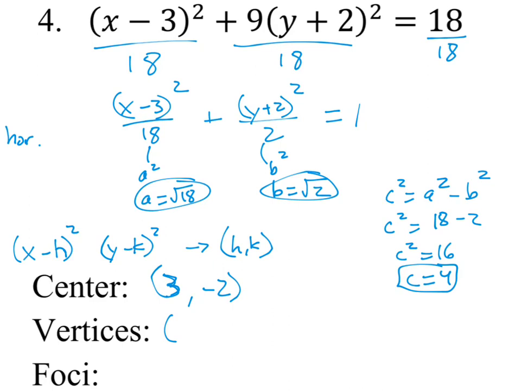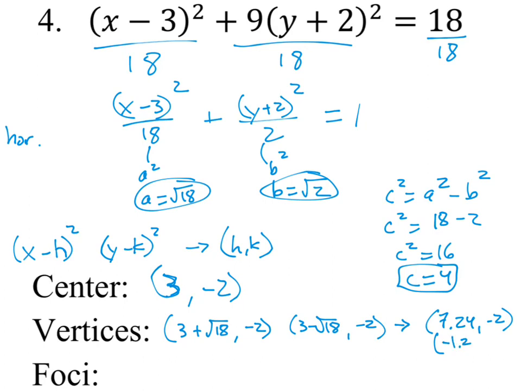So you're looking at 3 plus root 18, negative 2, and then 3 minus root 18, negative 2, and you can get a decimal approximation for those. I'll punch those in real quick. And you're looking at about 7.24, negative 2, and then about negative 1.24, negative 2. So these are the exact values, and we got our decimal approximations.